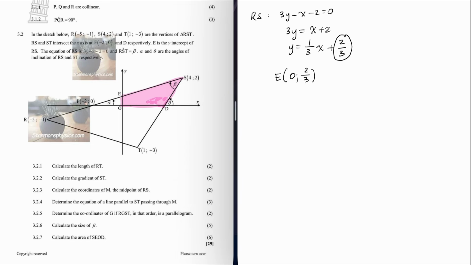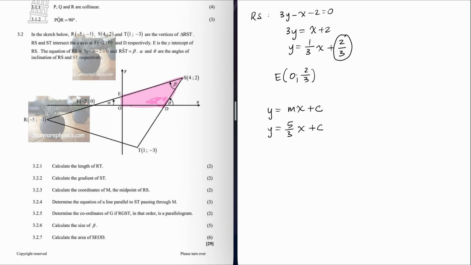And now to figure out the coordinate for D, we know the gradient of ST because we calculated it in question 3.2.2. So y is equal to mx plus c. Y is equal to, the gradient of ST was 5 over 3, so 5 over 3 x plus c. Now we substitute a coordinate.